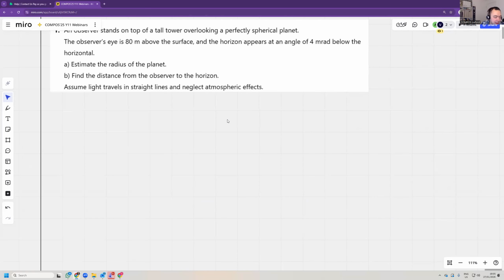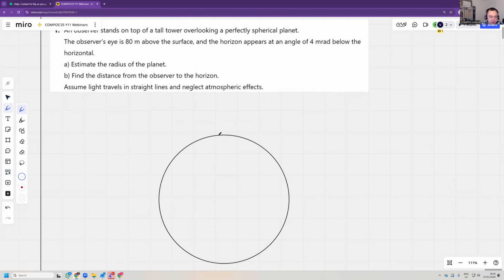Right, so we can draw that. We can draw a perfectly spherical planet. And there's a tall tower. So assume a tall tower, and the observer's eye is 80 meters above, so it's an 80-meter tall tower, including the height of the human.